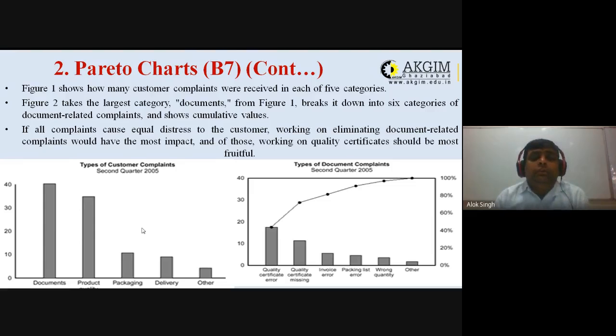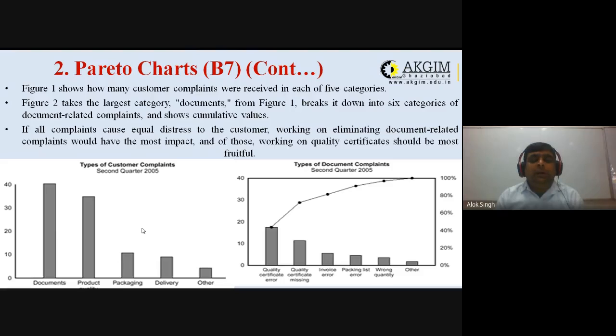Figure 1 shows how many customer complaints were received in each of the 5 categories: documents, product quality, packaging, delivery, and others. Figure 2 takes the largest category. First you should consider the document category. Why? The reason is that it covers most of the portion.